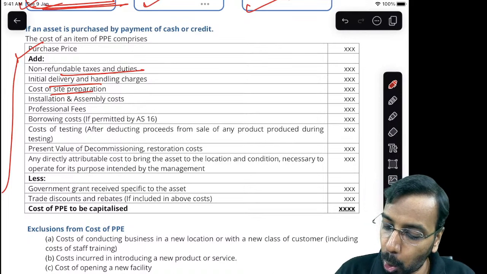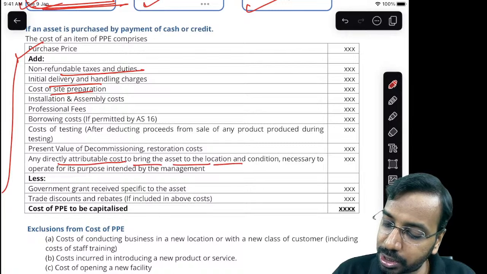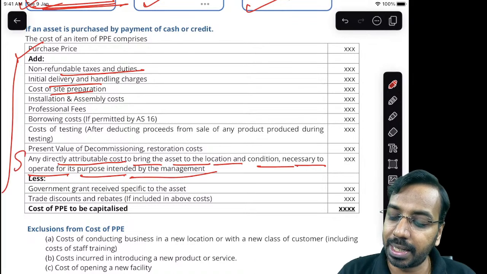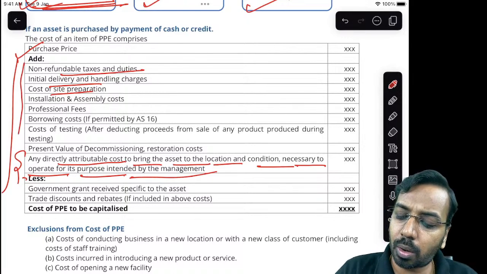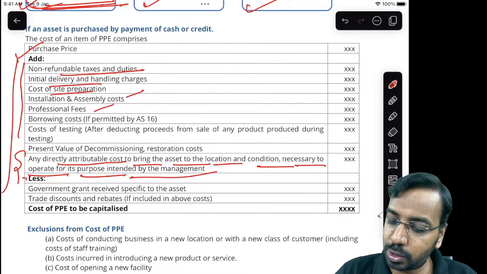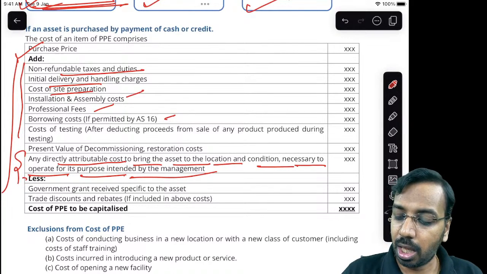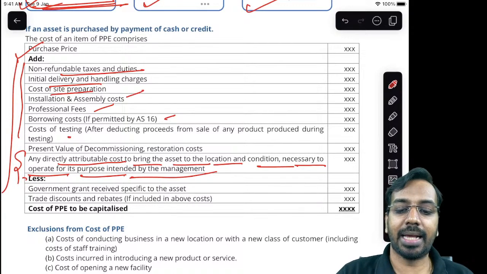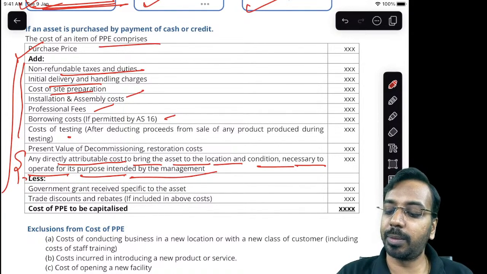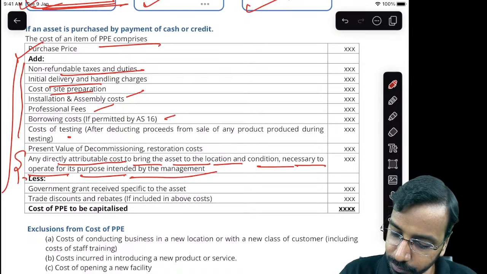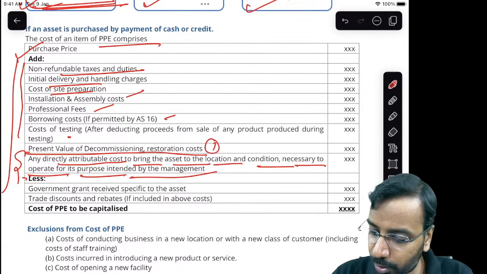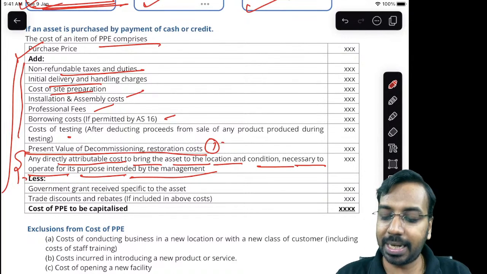So all the cost attributable to bring the asset to the location and condition necessary to operate for its purpose as intended by the management, and all other cost: your assembly cost, professional fees, borrowing cost if it is permitted by AS 16, cost of testing, all of these are included and considered as cost of PPE. Now the present value of decommissioning cost, I'll deal with it separately. This is one very important item. Other than that, it is very, very simple.